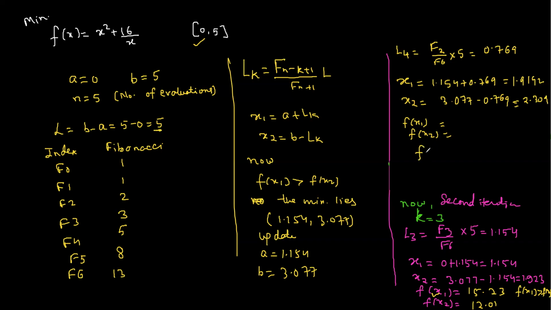Which one is greater? F of x1 or f of x2? F of x2 is greater. So your new interval will be 2.9, right? Yes. Understood?